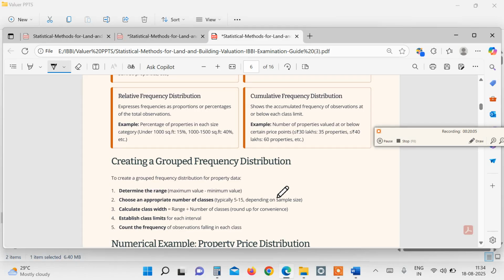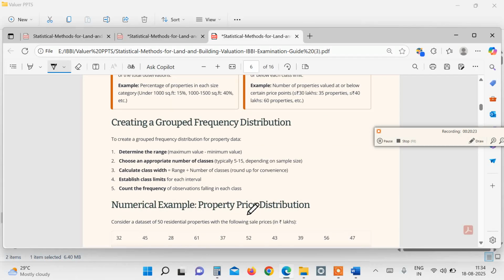Then you calculate the class width. You divide the range by the number of classes, round up for convenience, and establish for each interval the class limits and count the frequency of observations falling in each class. So how this is done, we will be doing it with an example.